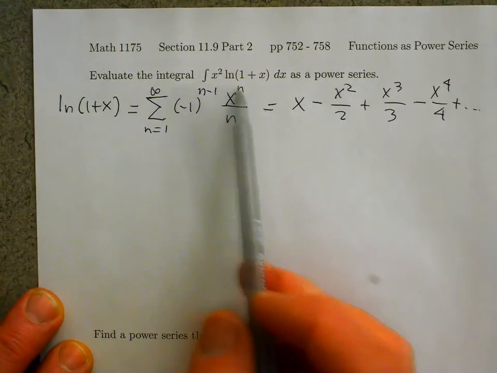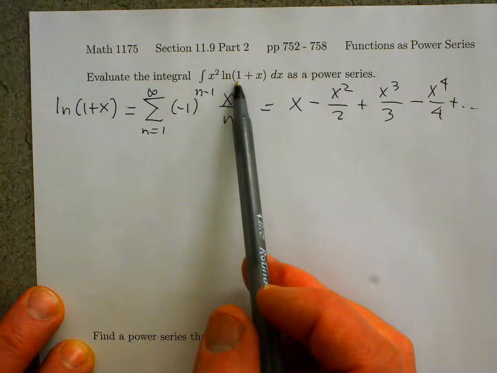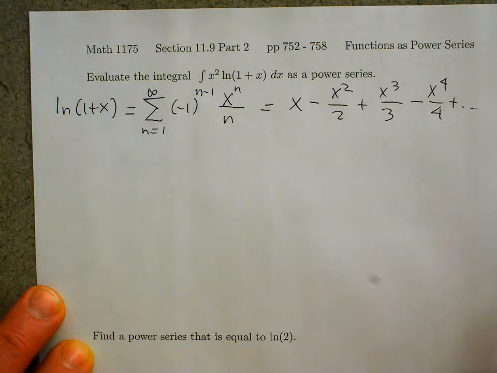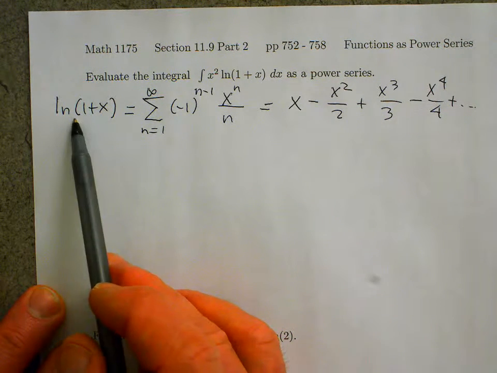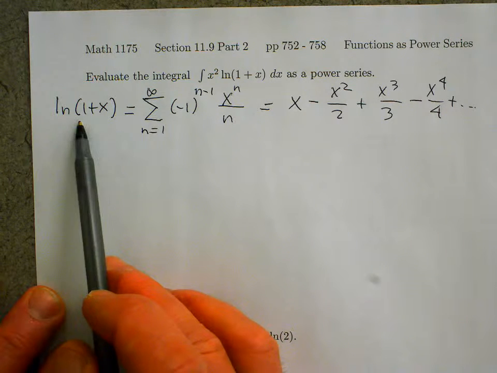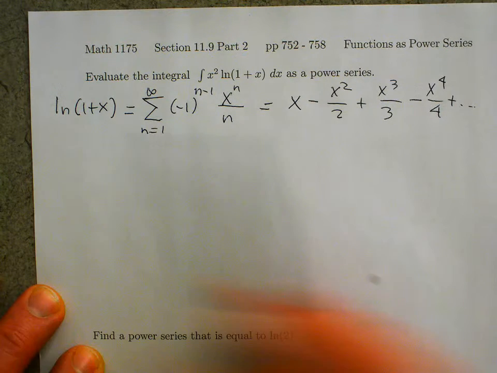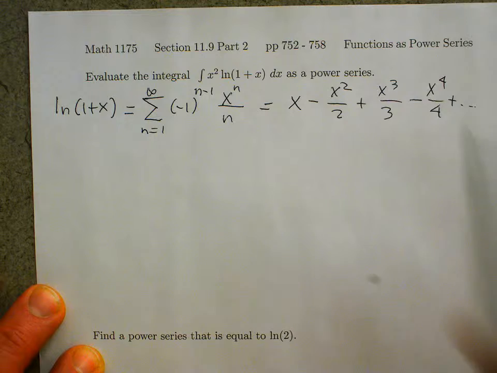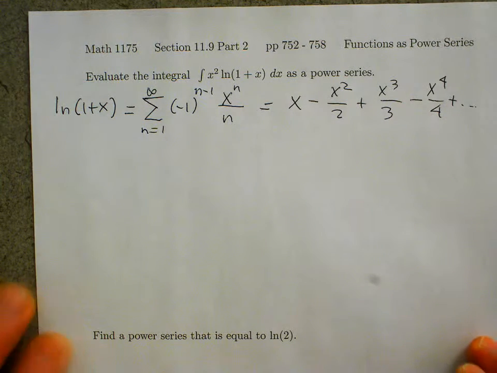So evaluate the integral x squared times the natural log of 1 plus x dx. So all we have to do is multiply the power series of the natural log of 1 plus x by x squared and then integrate term by term.